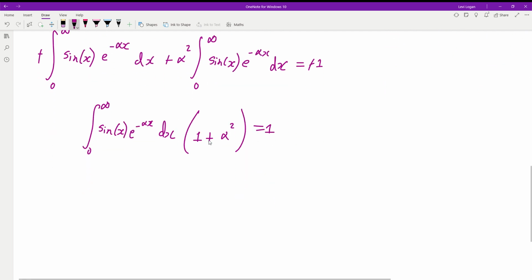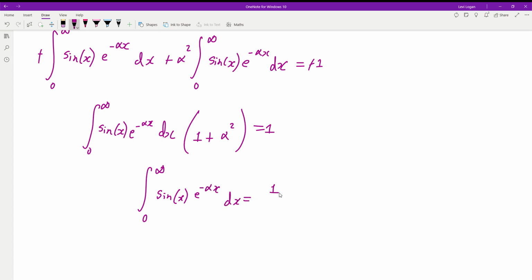Then all we've got to do is divide by 1 plus alpha squared. So the integral from 0 to infinity of sine x e to the negative alpha x dx is equal to 1 over 1 plus alpha squared.